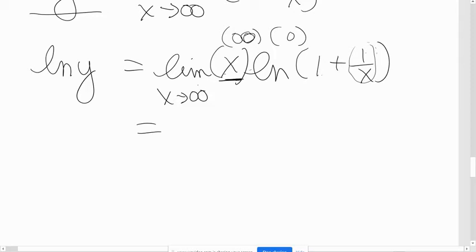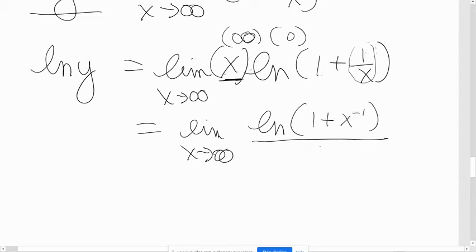So this is really infinity times 0, which is one of our indeterminate forms. All right, so I'm going to rewrite this very similar to the last problem. I'm going to do the limit as x approaches infinity of the natural log of 1 plus x to the negative 1, and then I'm going to take this x and make it x to the negative 1 so I can have my division.